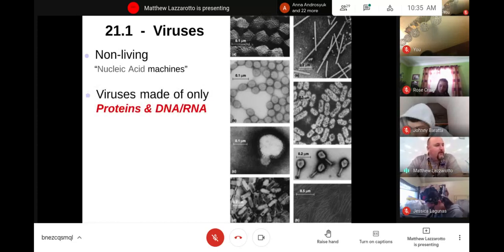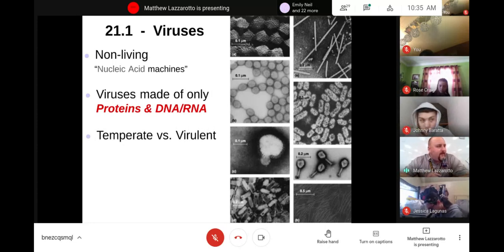If we take a closer look at viruses, you can see they're only made up of proteins and one of the nucleic acids. They're either DNA viruses or RNA viruses with a protein coat called a capsid. When you get a viral infection, it progresses in one of 2 ways.